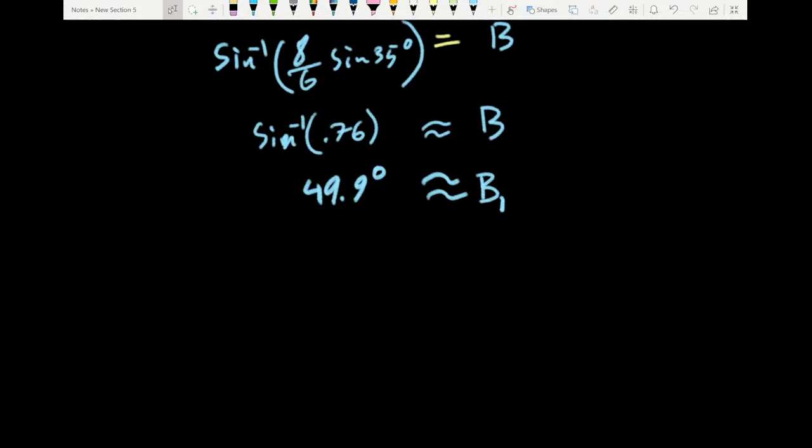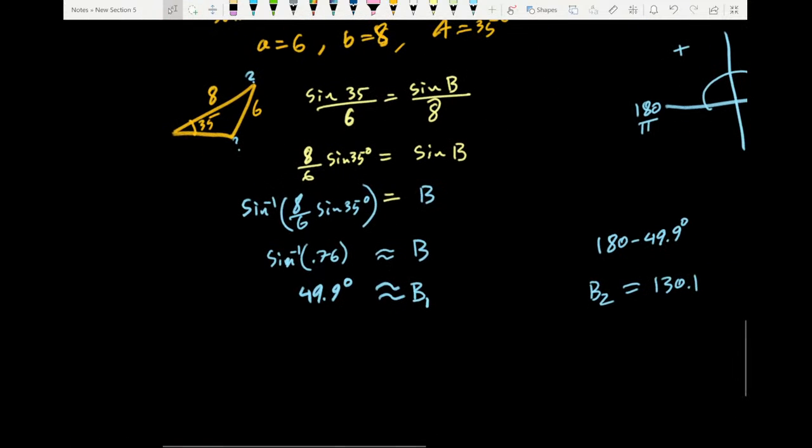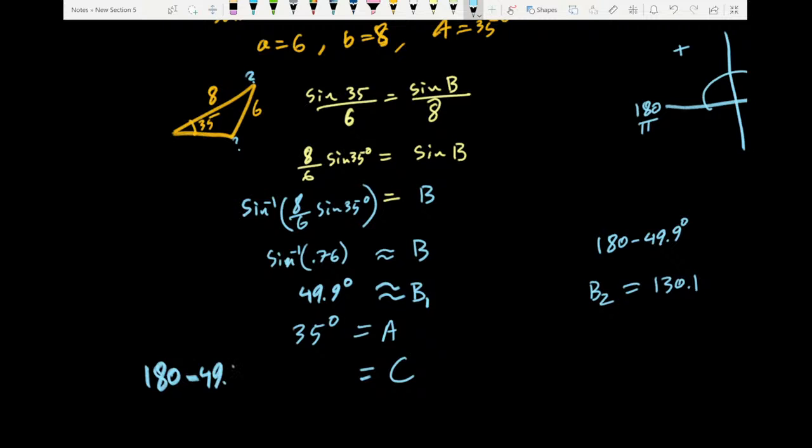So for that angle B1, we got angle A to be 35 degrees. Now what's angle C? 180 minus 49.9 minus 35 will give you 95.1 degrees.